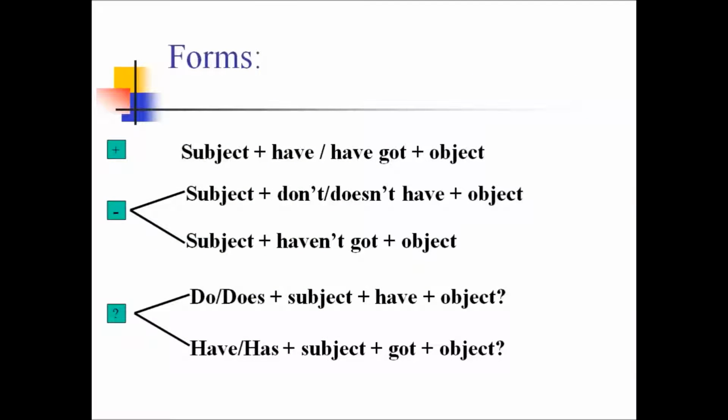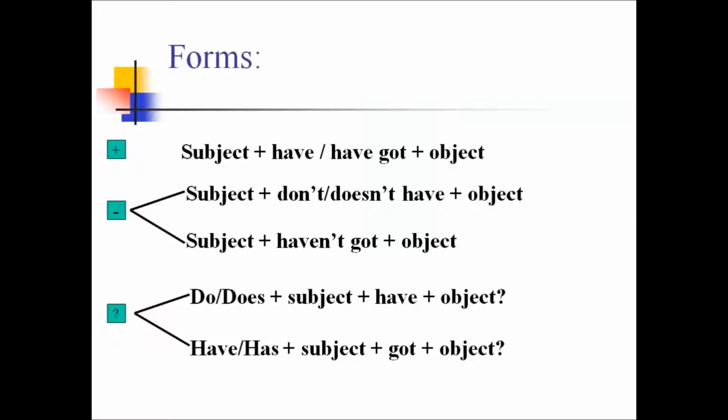Now we are going to study more examples, and first of all we would like to look at the forms. For the affirmative form, you use the subject plus have or have got plus object. I am sure that you can make some more examples. Now take out a piece of paper and use all the forms of have and have got.